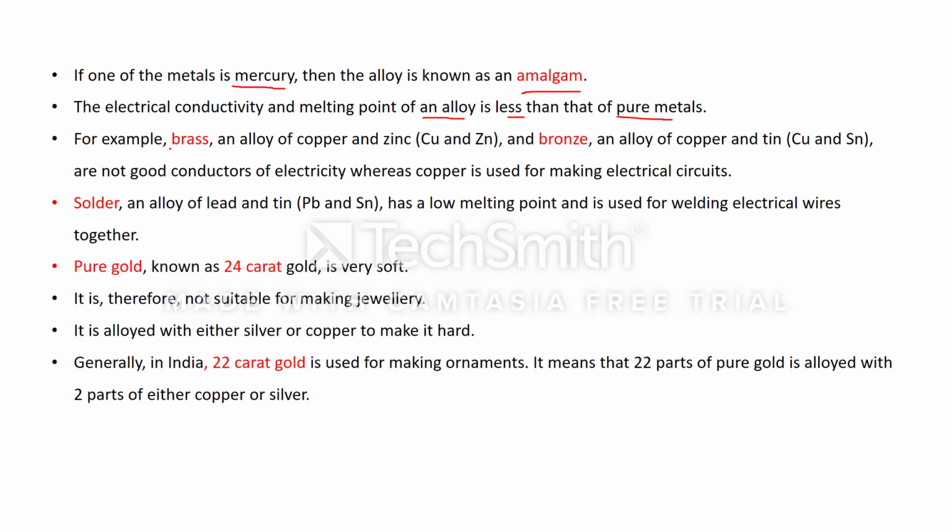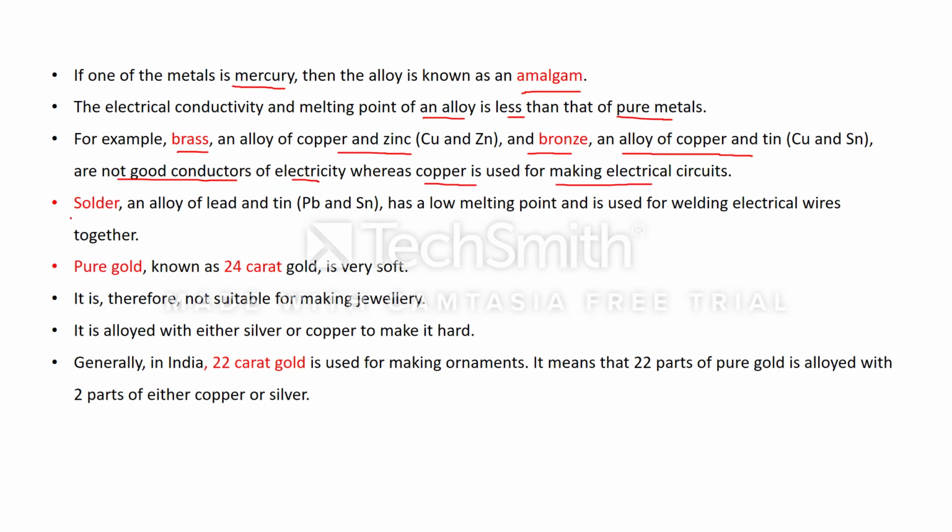Now just see how alloying changes the physical properties. For example, brass, an alloy of copper and zinc, and bronze, the alloy of copper and tin, are not good conductors of electricity, whereas copper is used for making electrical circuits. That is, by alloying copper with either zinc or tin, we changed its conducting power.